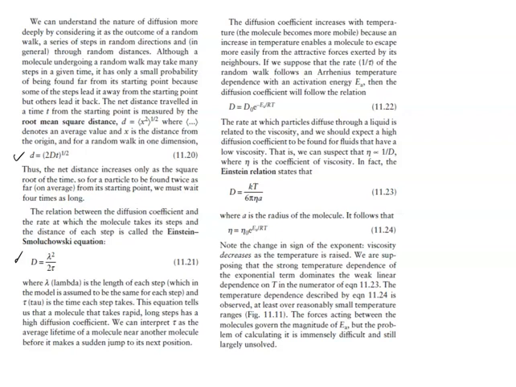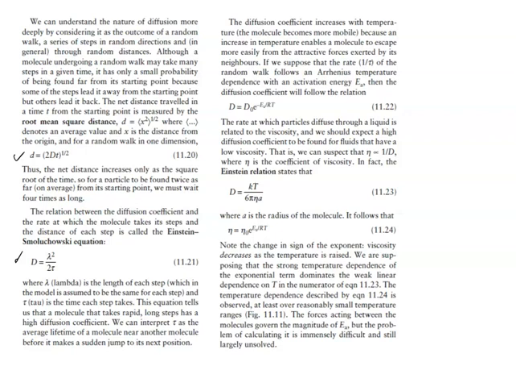This equation tells us that a molecule that takes rapid long steps has a high diffusion coefficient. We can interpret tau as the average lifetime of a molecule near another molecule before it makes a sudden jump to its next position. The diffusion coefficient increases with temperature because an increase in temperature enables a molecule to escape more easily from the attractive forces exerted by its neighbors.